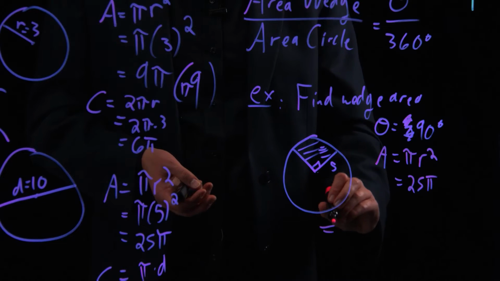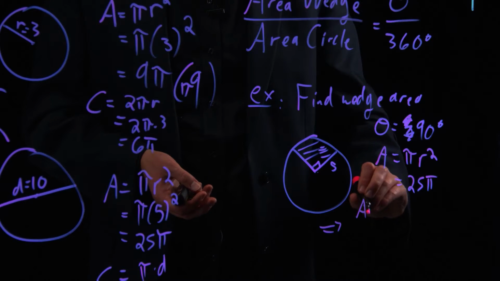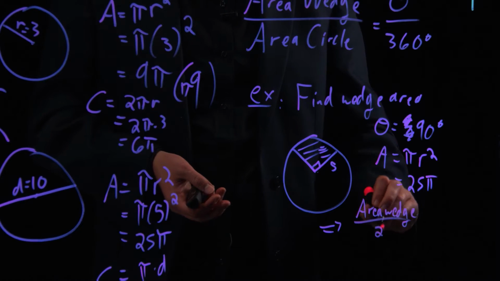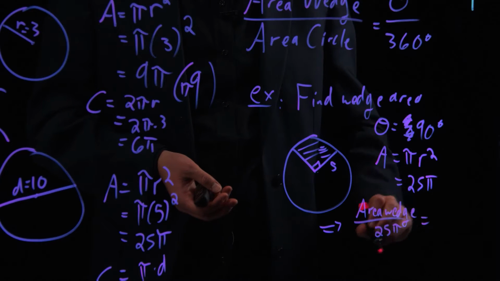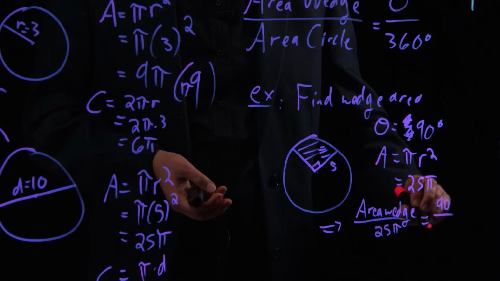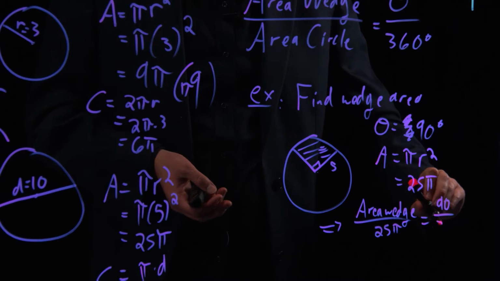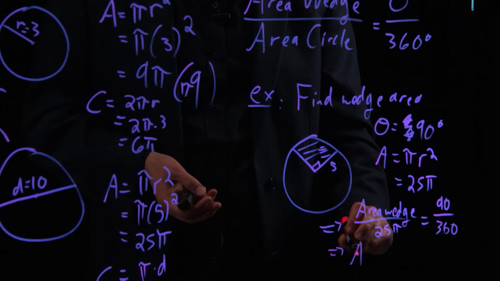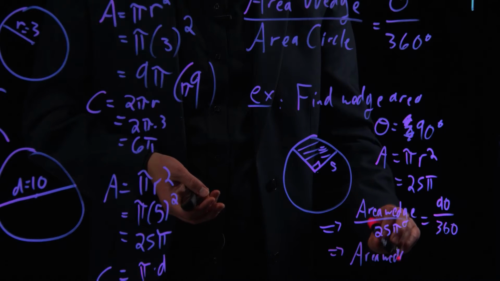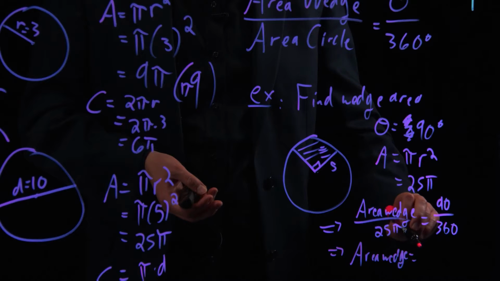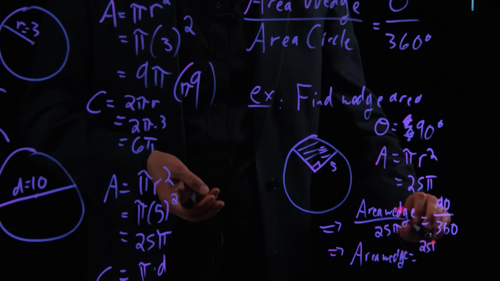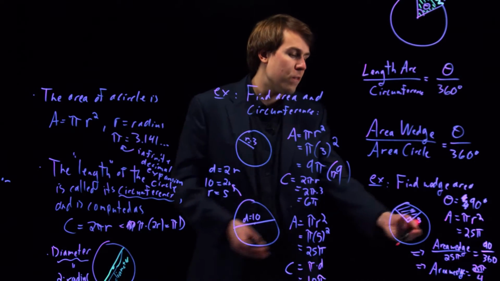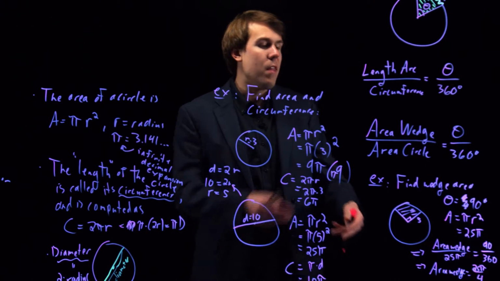So I conclude that the area of the wedge divided by 25 pi equals 90 divided by 360, so that the area of the wedge is equal to 25 pi over 4.